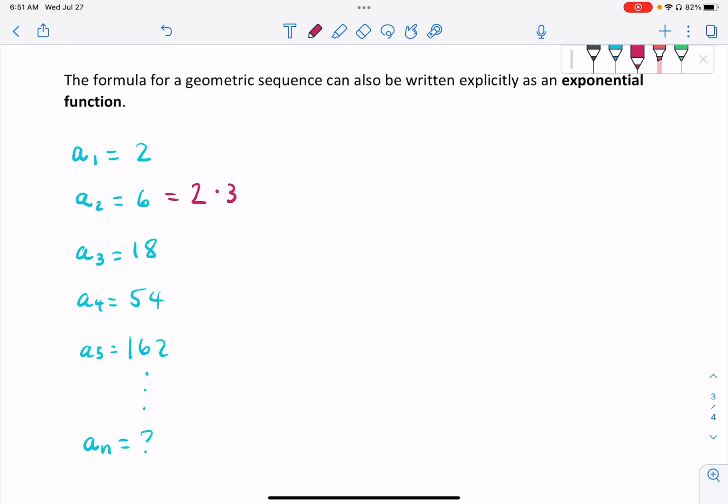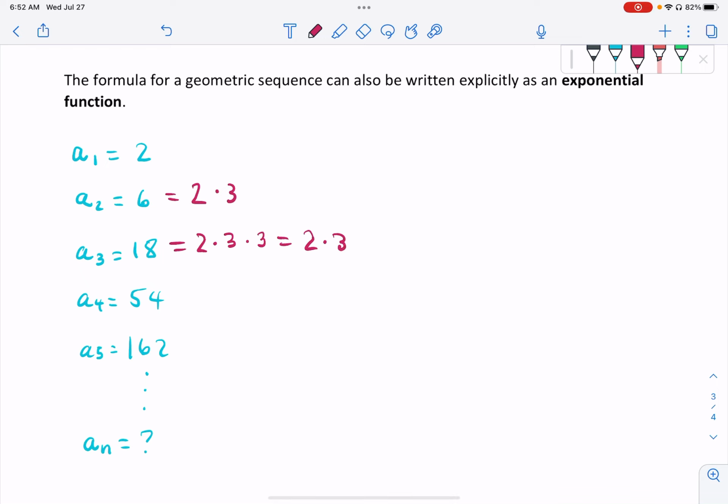And then the 18 here, I'm just going to write it all out just like I did before, which was 2 times 3, but then I need another 3, so times 3. So you can see that 3 times 3 is 9, and 9 times 2 gives me my 18.